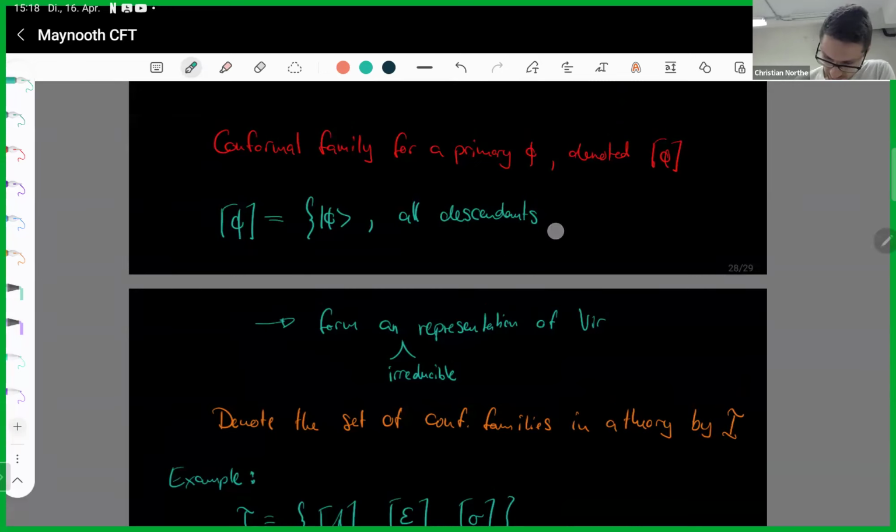Let's add here a note after removing null vectors. And for that, see below.